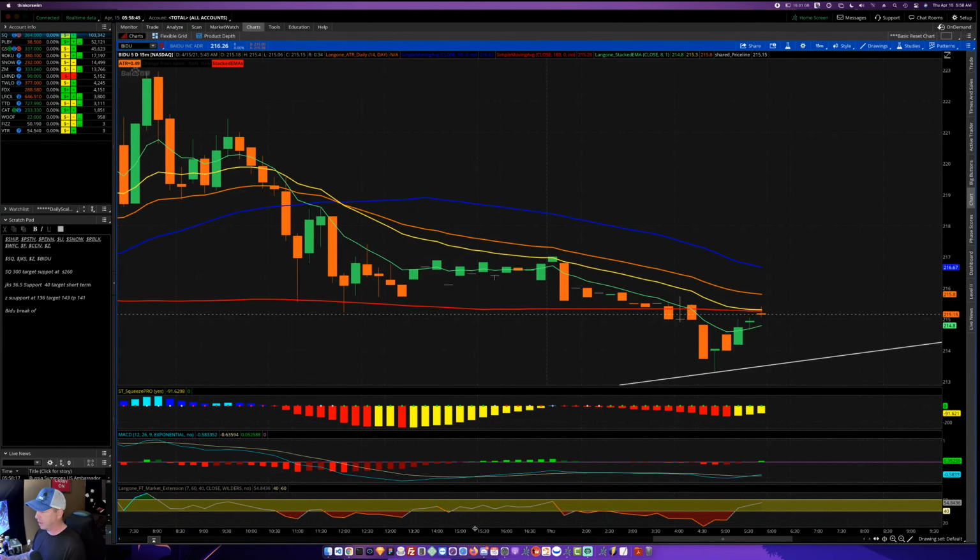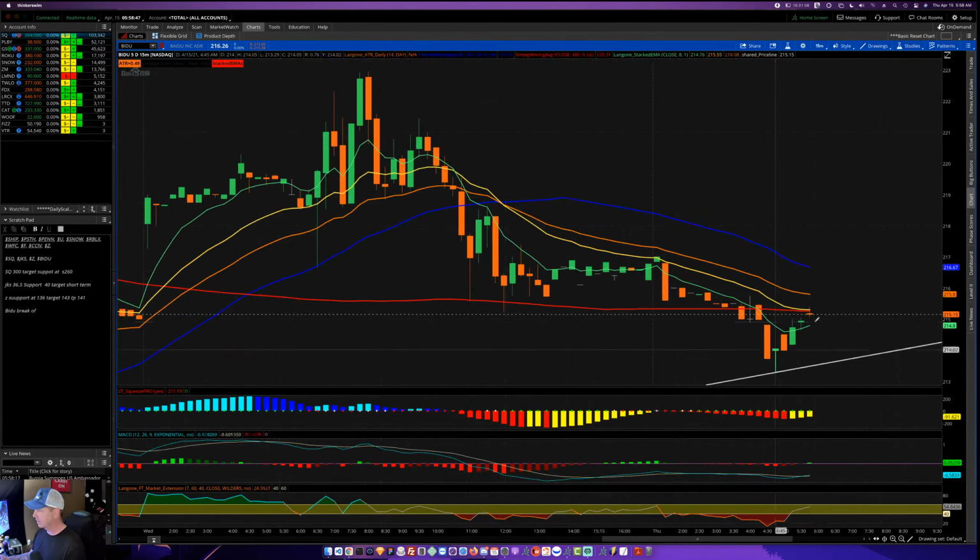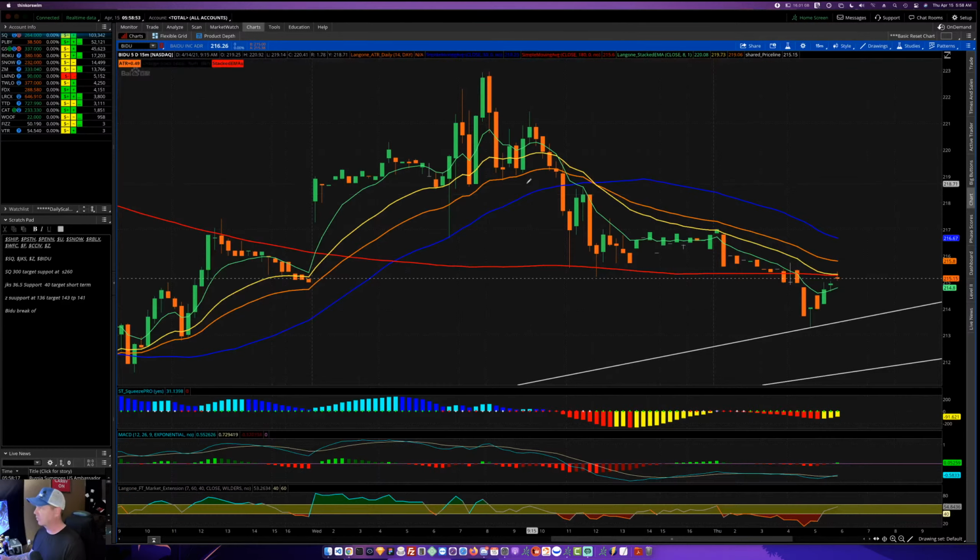A break of that, and it looks as if we could make a nice move upwards. What I'd like to see is the break of the 200 SMA, which is also the 21 EMA. I'd like it to break that, hit the 34 EMA, and come back down and find support.